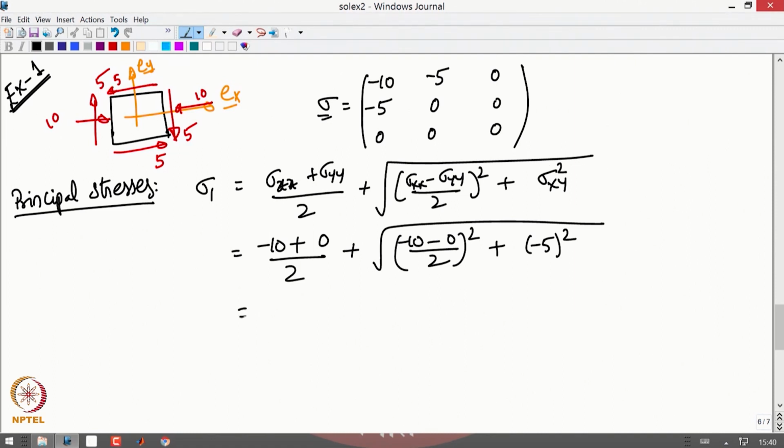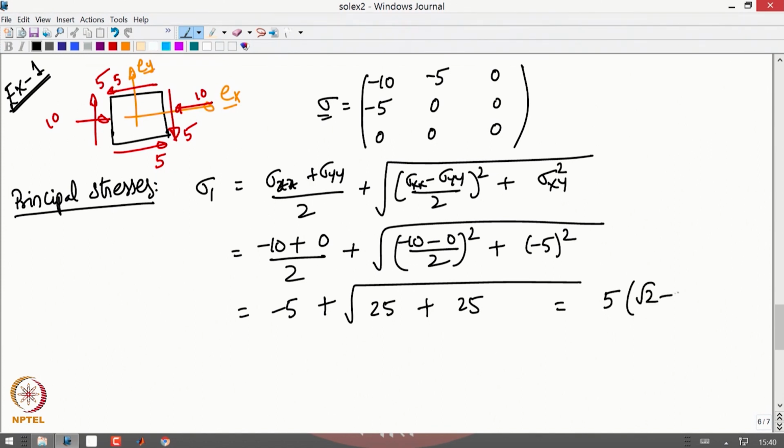So, this will be nothing but minus 5 plus square root of 25 plus 25, which is 5 root 2 minus 1, which will be 2.07.